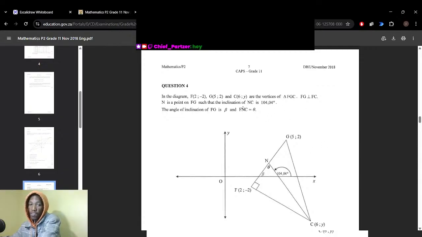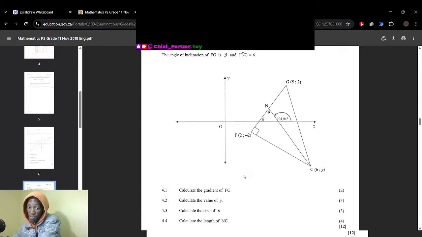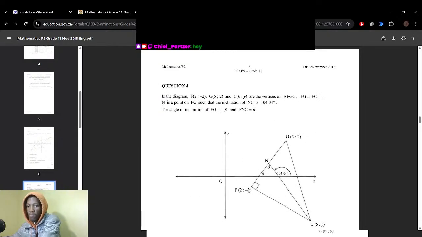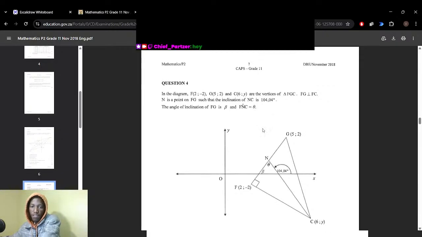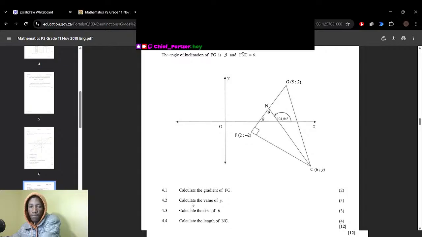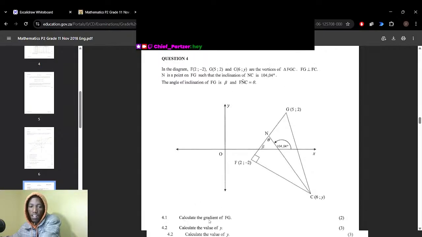It is a trigonometric question simply because it includes angles. So as soon as you see angles, you should think of trigonometric functions. You understand? Right. So the very first question says calculate the gradient of FG.